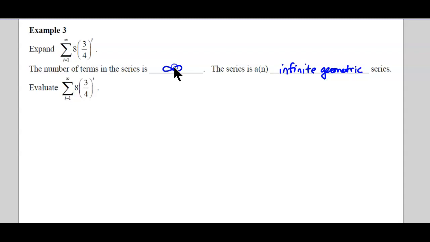Alright, so here, first term is going to be when i is 1, so that's 24 over 4 is 6. Second term will be 6 times 3 is 9 over 2. Okay. Pretty clear here that your common ratio is 3 over 4. No, not clear.